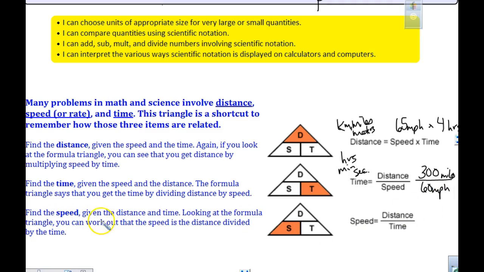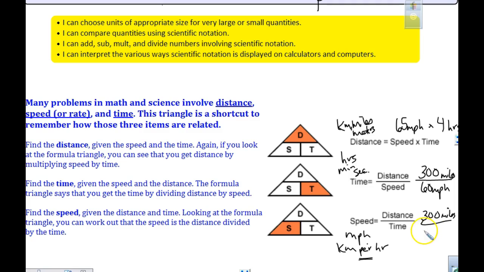In the last one, if I want to find speed, I'm going to have to be given distance and time. So speed is here in our triangle, distance divided by time. Speed would be miles per hour. It might be kilometers per hour. So the key thing, and anytime you're looking at speed, a lot of times you're going to have that word per. So my distance, still going 300 miles.